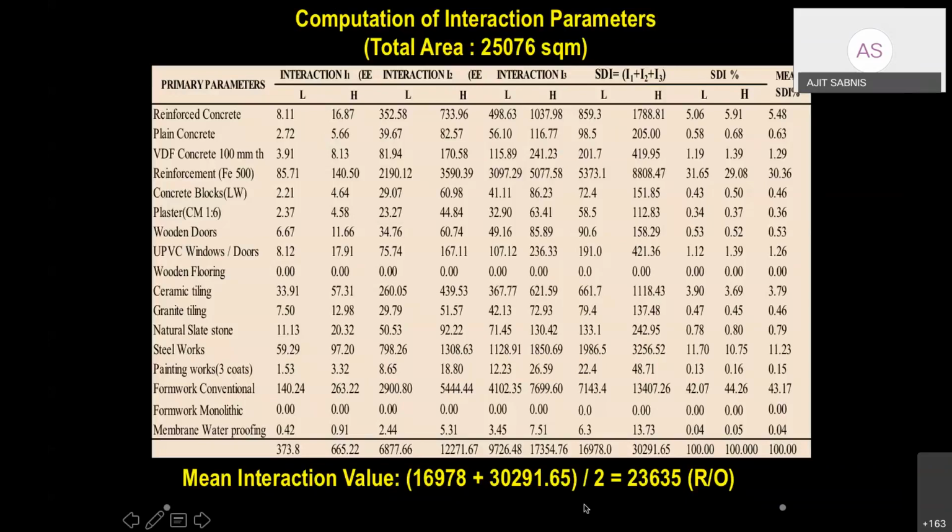See, once we have these values, and when we compare the individual interaction values, for example, reinforced concrete has got two ranges of 815 and then 1788. When we compare them to the total value, we understand how much percentage of impact an individual parameter contributes as compared to the overall impact. So that is how we understand the impact of individual parameters, individual subsystems, and also the overall impact.